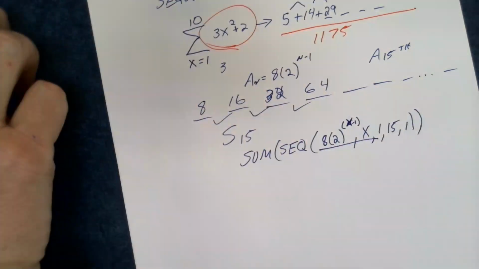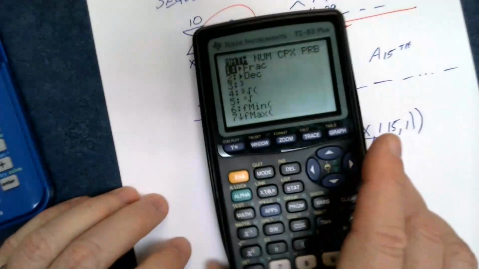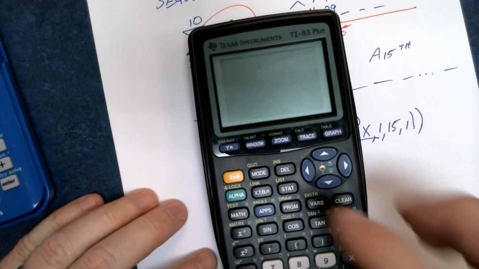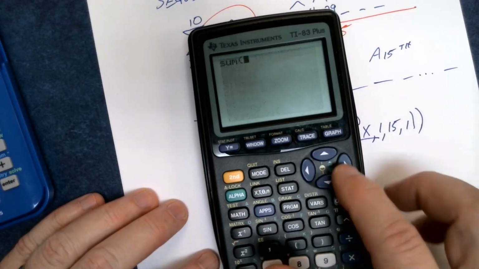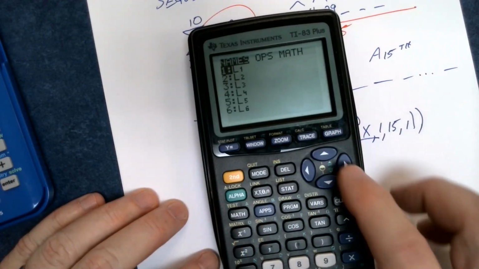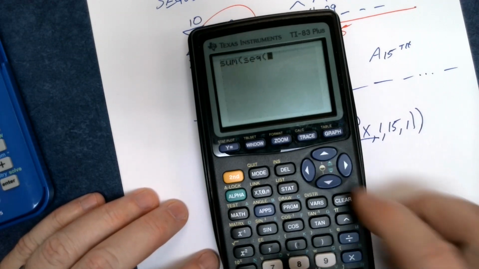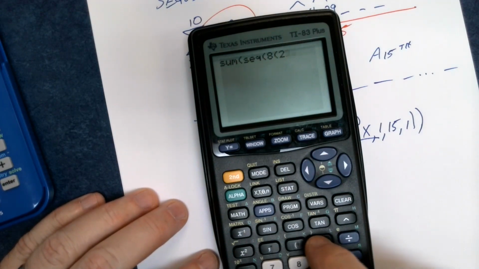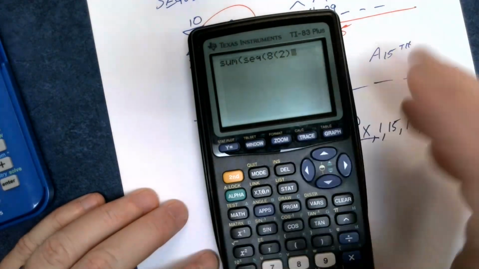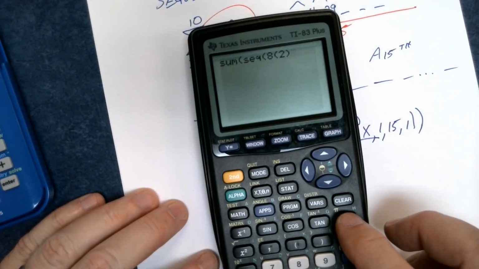Now, one more time, if I come over to the older calculators that doesn't put it in that way, second stat, I go over to math, I'm going to do sum. Second stat, I'm going to go over to ops, I'm going to do sequence. This is my expression, 8 parentheses, 2 parentheses, and this, you gotta be good with your parentheses in this class and with these calculators.